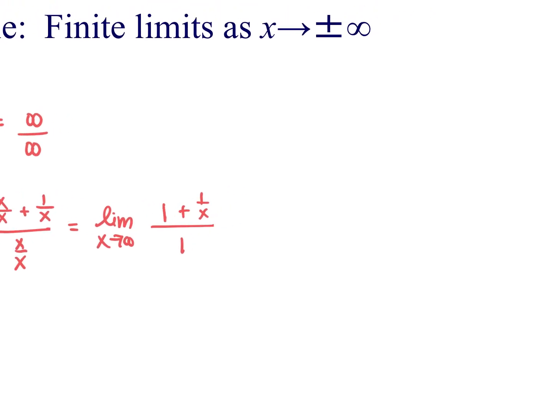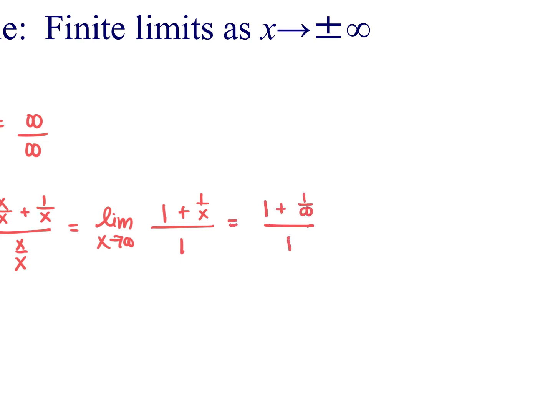Now try plugging infinity into that and see what happens. So 1 plus 1 over infinity and 1. Okay. What is 1 over infinity? Okay, remember we talked earlier. 0 plus.